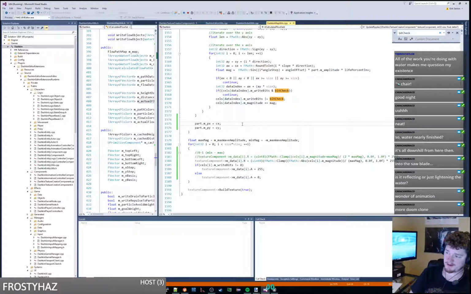I just wish I had a -1 to 1 sort of value in here, but I don't. I have to do more complex math in there if I want it.